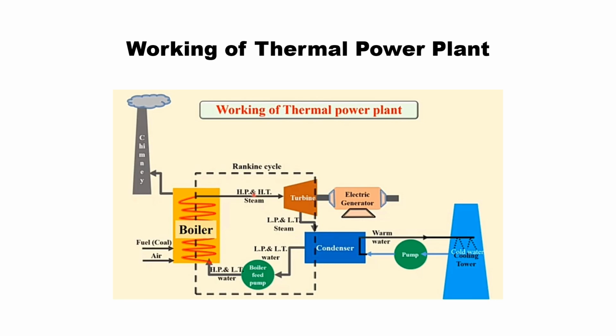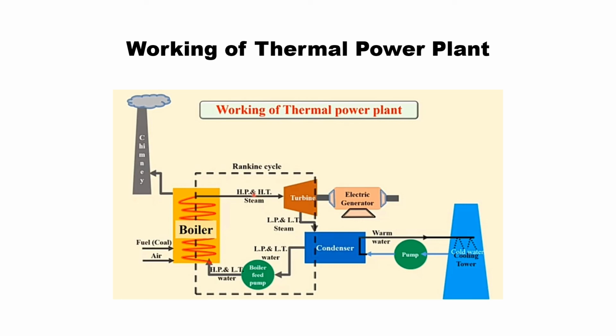From the cooling tower we supply cold water as input to the condenser, which is used to cool the steam. As an effect of that, the cold water at the output of the condenser is converted into hot water, and that hot water goes to the cooling tower. This cycle goes on repeating.